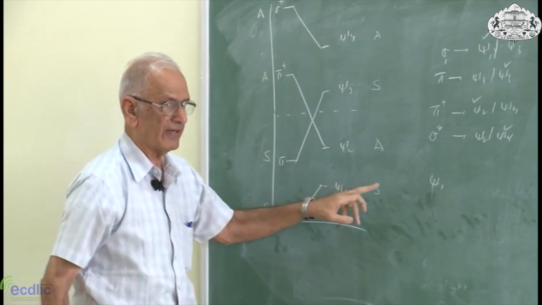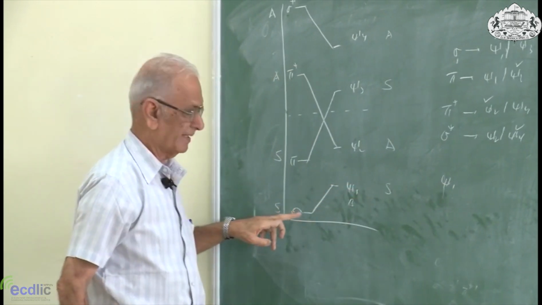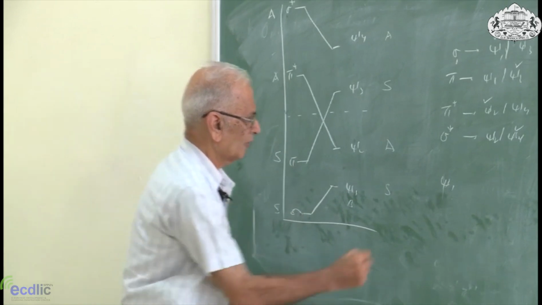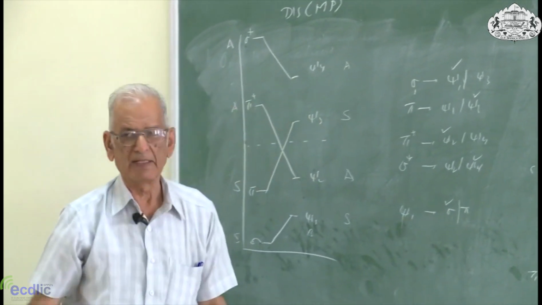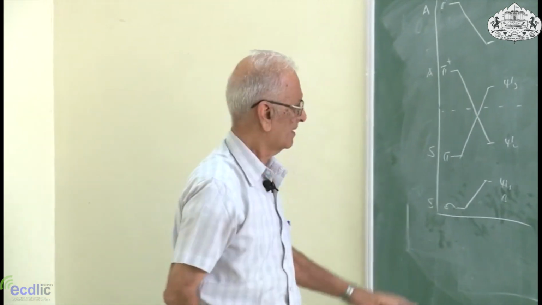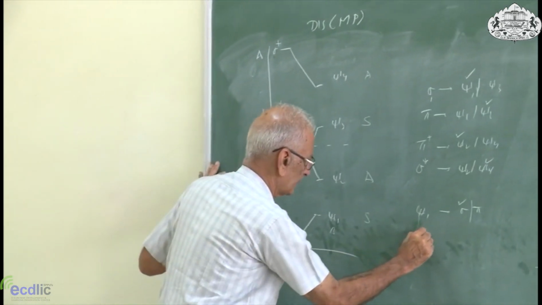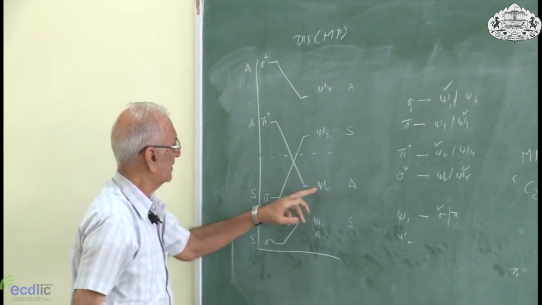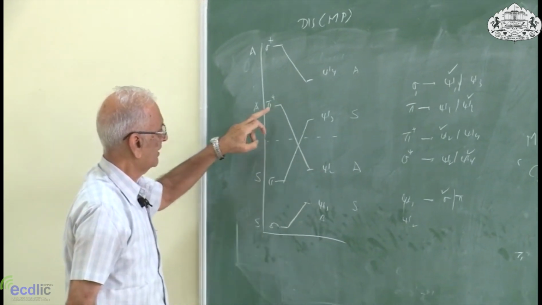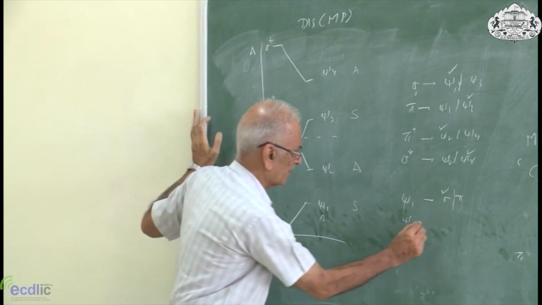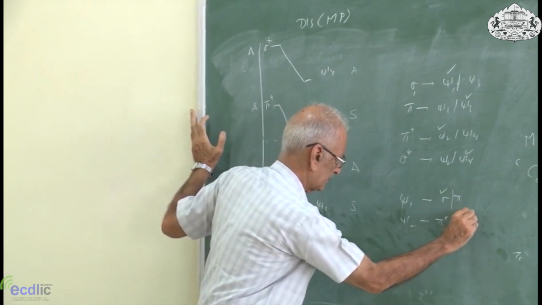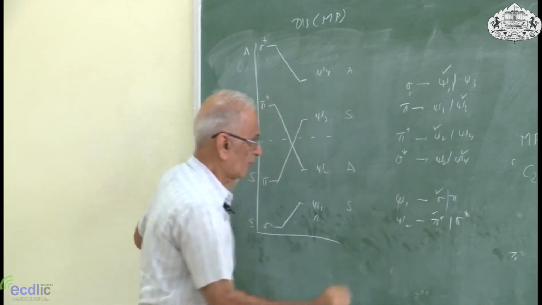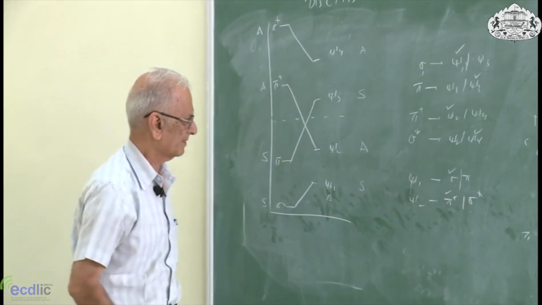Psi 1 is symmetric. Therefore, it can join to sigma or to pi. Sigma is lower, so I join it to this. Psi 2 is anti-symmetric. Therefore, I can join it to pi star or to sigma star. Pi star is lower, so I join it to this.